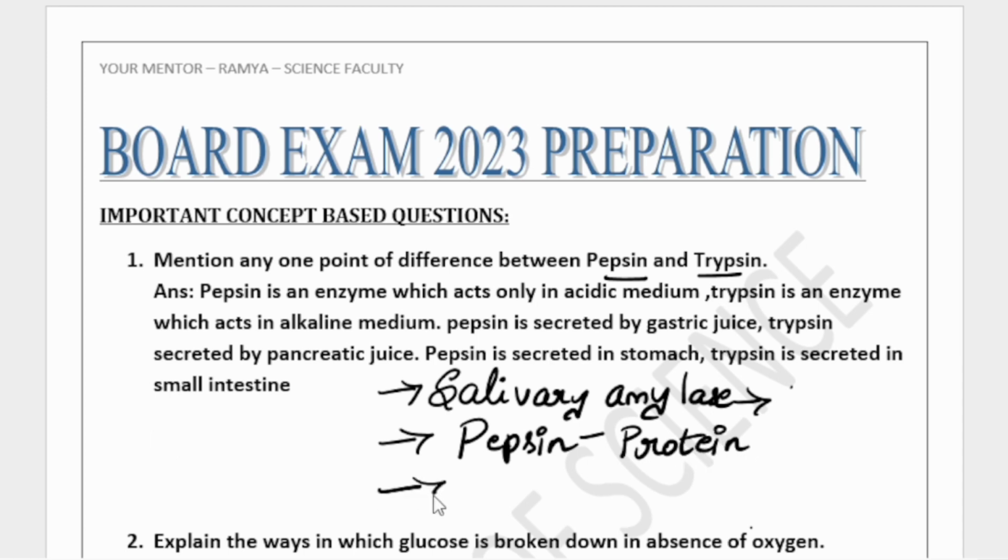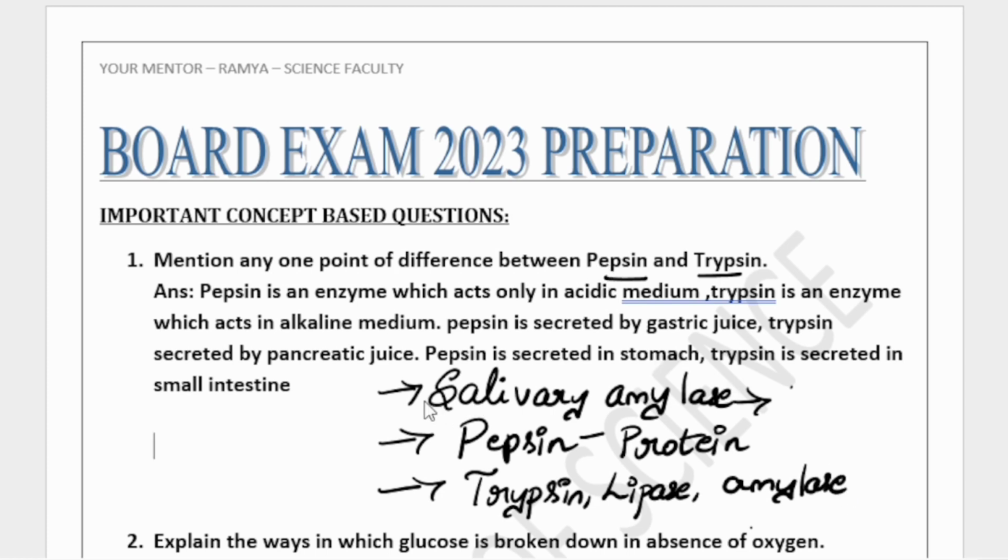Moving to the next, there are also enzymes present in the pancreas. We call them pancreatic enzymes. Which are the pancreatic enzymes? The pancreatic enzymes are namely trypsin, followed by lipase, and we also have another enzyme called amylase.